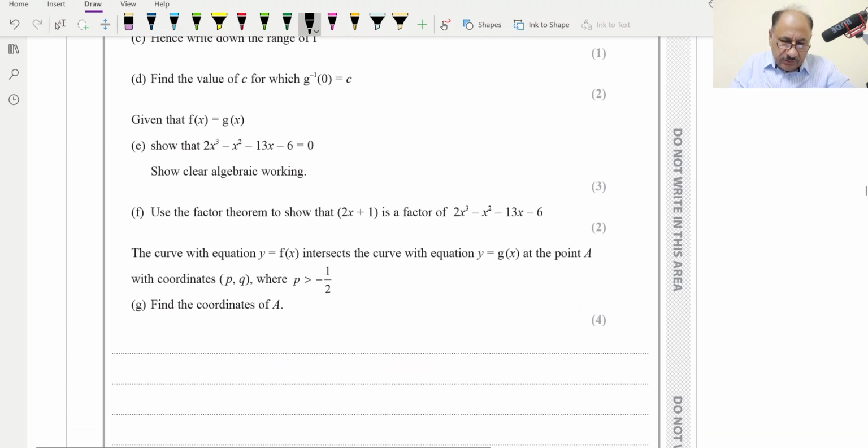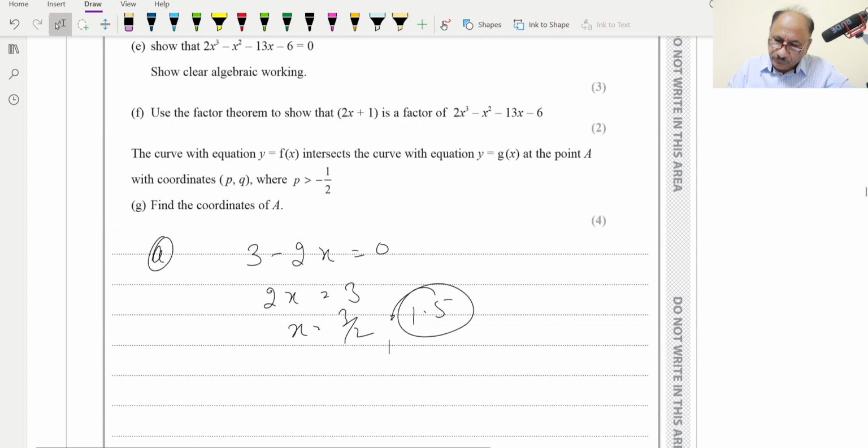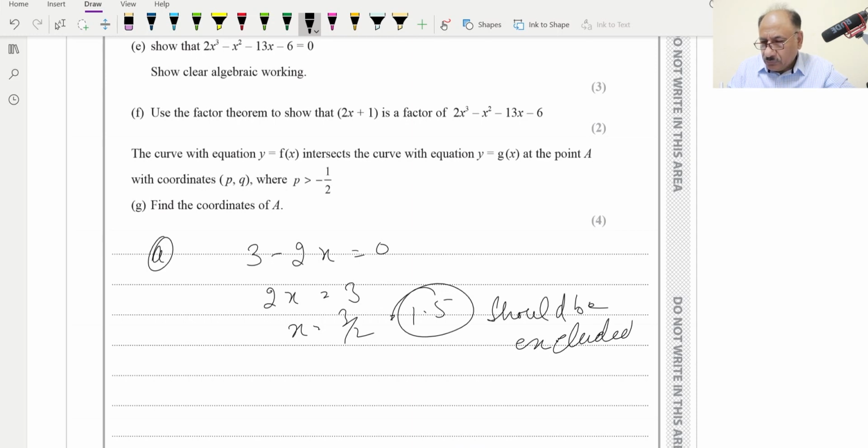So for the A part we can write 3 minus 2x is equal to 0. This implies 2x is equal to 3, x is equal to 3 by 2, which is equal to 1.5. So this value should be excluded. So this is done.